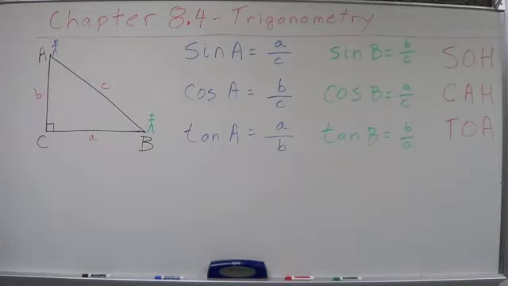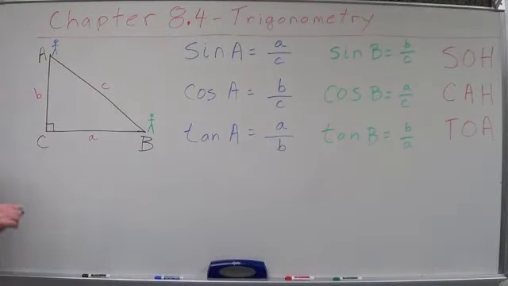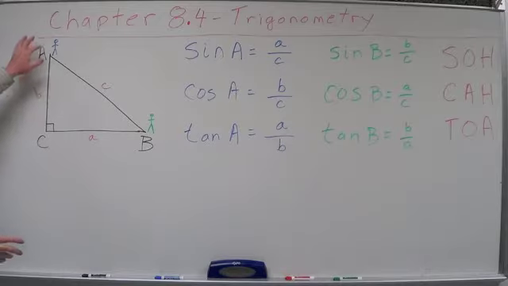Now, the sine of A, the cosine of A, and the tangent of A is going to be taken from the perspective of you standing on point A. Now, let me give you some hints. You want to get this right and you want the easiest way. My suggestion is you just picture yourself standing on that point and looking across.